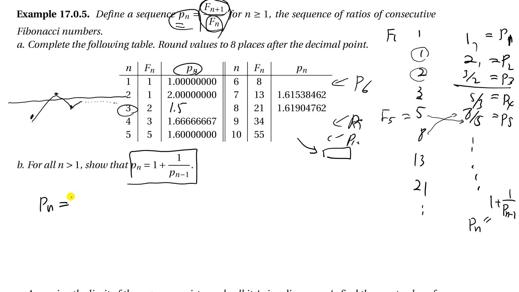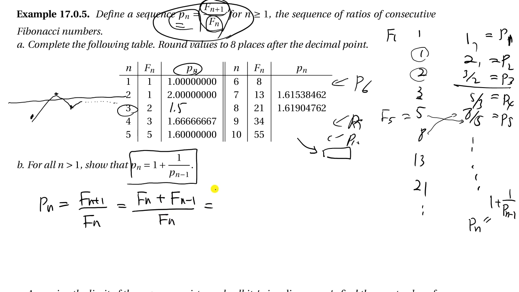Pn, by that definition, is the same as Fn plus 1 over Fn, right? Then Fn plus 1 is, by the definition of the Fibonacci sequence, Fn plus Fn minus 1, over Fn. Then we can put this separately, so Fn over Fn plus Fn minus 1 over Fn.